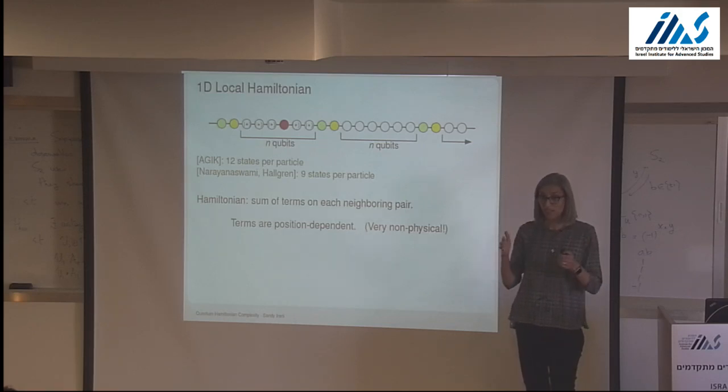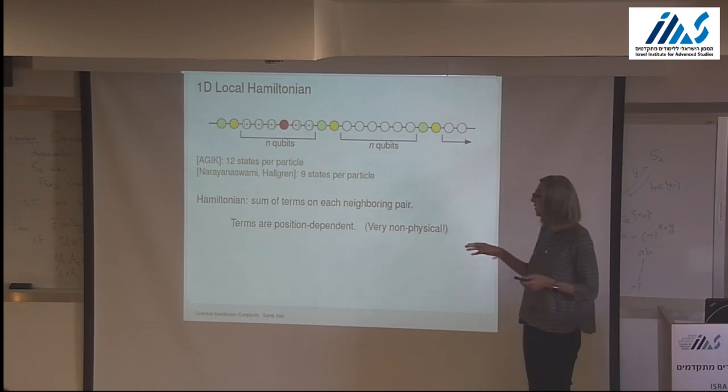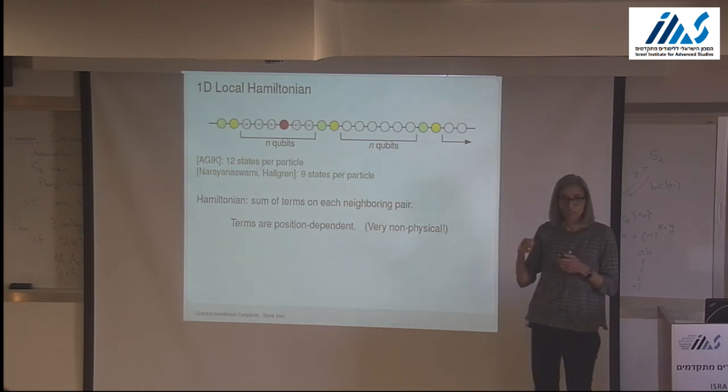Basically, they pick a model, which is the local energetics between two neighboring particles, and they apply that same term to every local pair in the grid they're studying. So that's a much more physical model than this highly engineered thing where every pair of locals, 17 and 18, has a different term than 18 and 19.